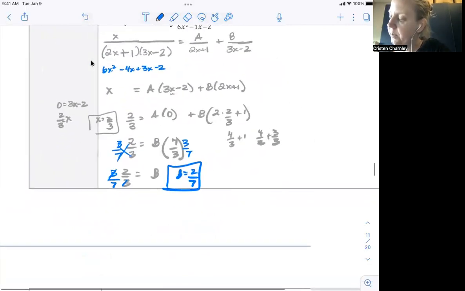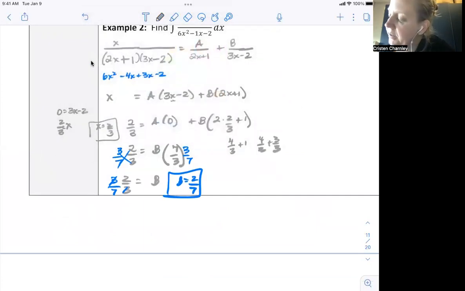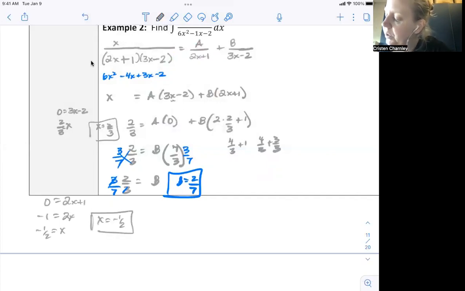So I've written too large here, but we'll make this work. This time I can say that 0 is equal to 2x plus 1. -1 is equal to 2x, so x is equal to -1/2. So that's the value that I'm going to use.